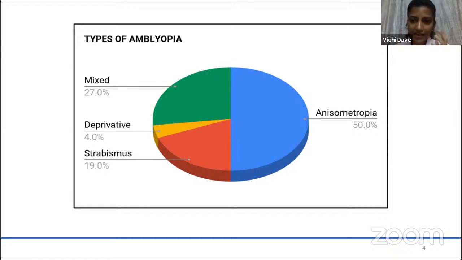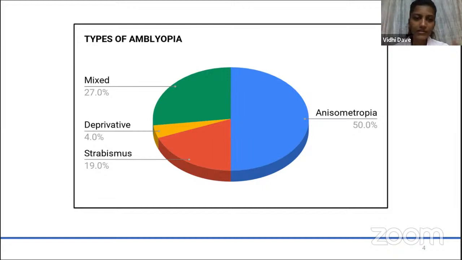When refractive error in one of the eyes is worse than the other, that eye slowly turns into a lazy eye, and the brain relies on the image formed by the relatively normal eye. So when there is a refractive error difference in both the eyes, the eye with the worst refractive error becomes the amblyopic eye, and this type is called anisometropic amblyopia.